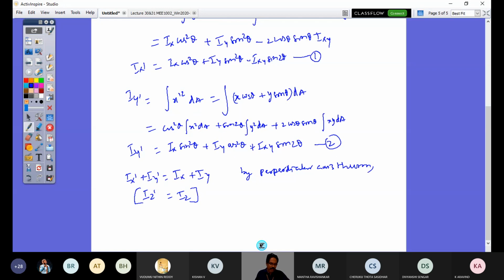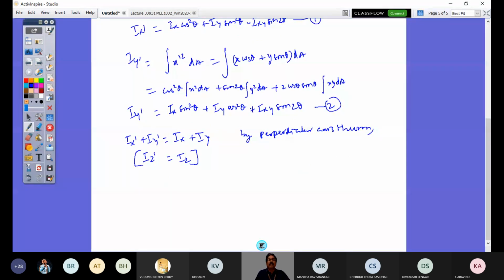So continuing with this, I have now got two equations for area moment of inertia. Now let me get it for the product of inertia, Ix dash y dash. It is integral x dash y dash into dA. So what is my x dash? It is x cos theta plus y sin theta, into what is my y dash? It is y cos theta minus x sin theta, into dA.